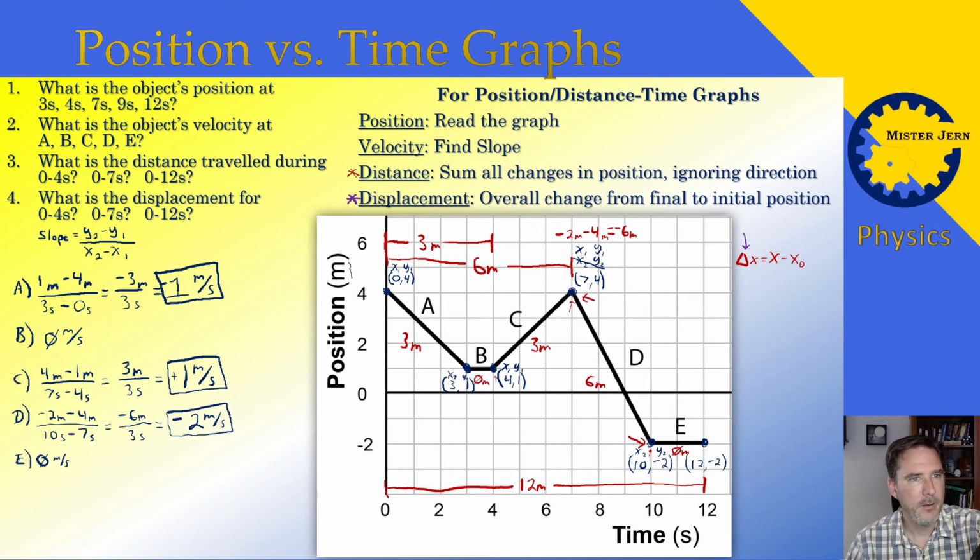So from 0 to 4 seconds, the displacement. Well, where was it at 0? Let's see where it ended. Let's start with there. It ends at 4 seconds, and at that point it is at 1 meter.